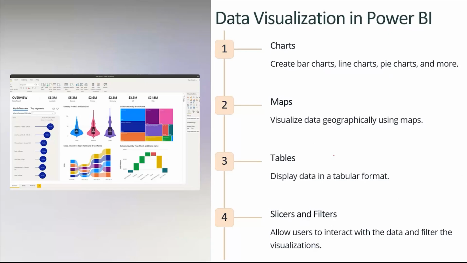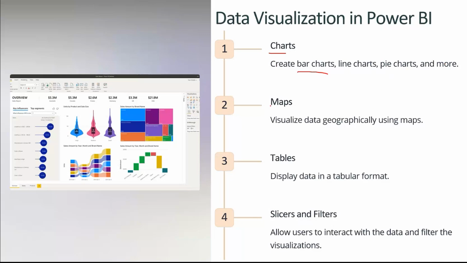Then after the data has been extracted, we can clean and transform it. Once the data has been cleaned and transformed and it is ready, we can visualize that data here. So we have a lot of different types of visualizations, like I was telling earlier. We have many different types of charts like bar charts, column charts, line charts, pie charts, and so on.